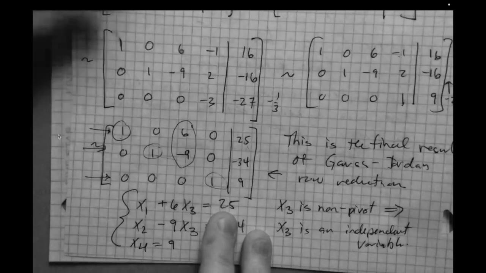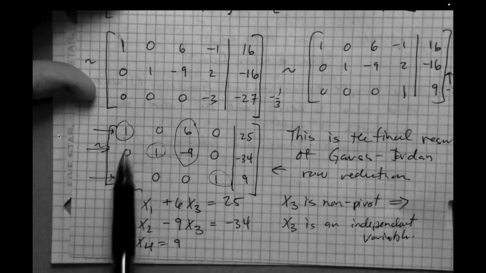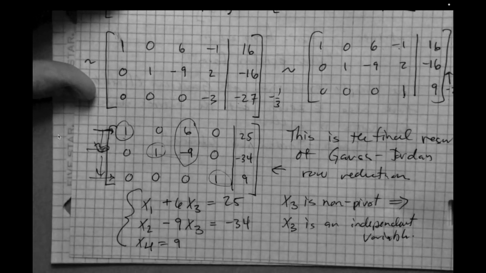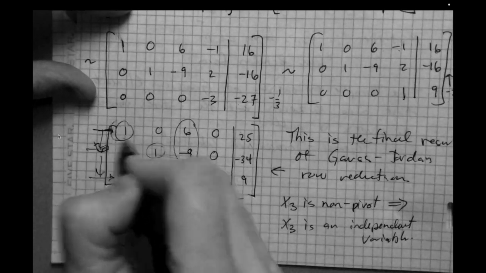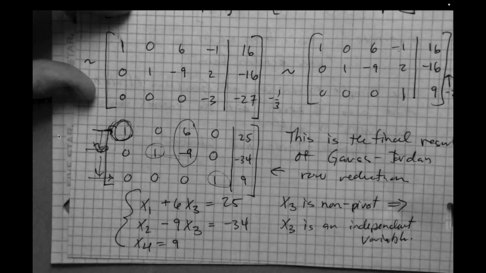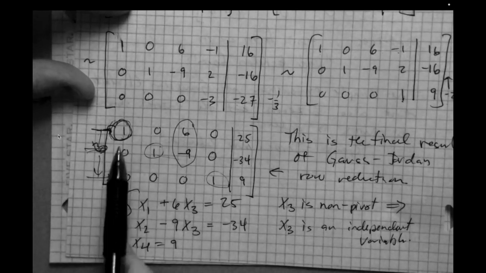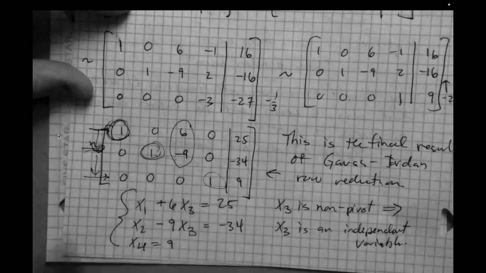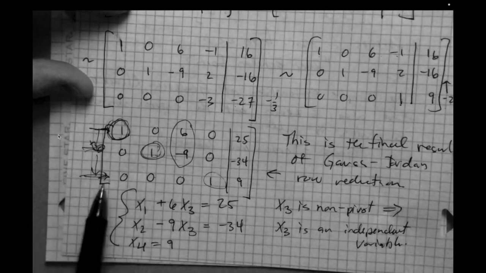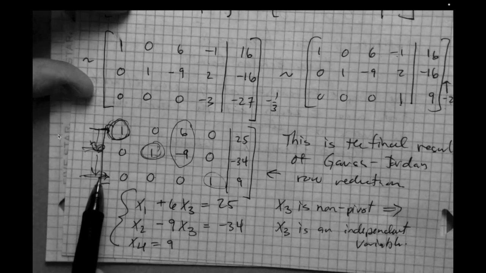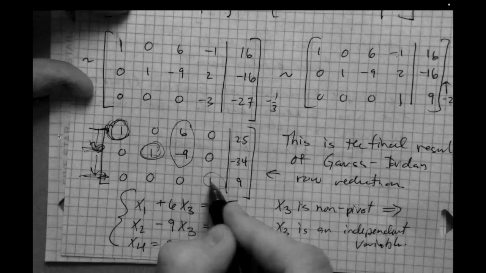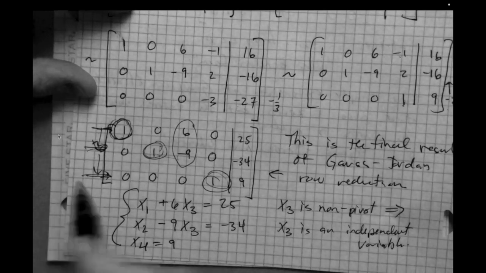Well, if we look again at this example, successive rows would be rows further down in the matrix, right? So for example, this first row has its first non-zero entry in column 1. The second row better have its first non-zero entry in a later column, and that's what you see, in fact, column 2. Row 3 has to have its first non-zero entry in a column later still, so beyond column 2, and you see that it's in fact column 4. Okay, so that's all that means.